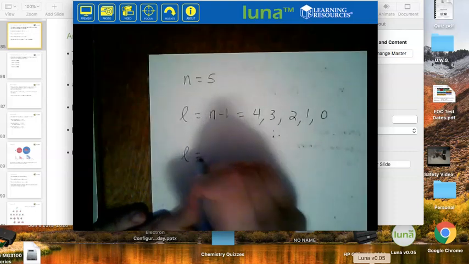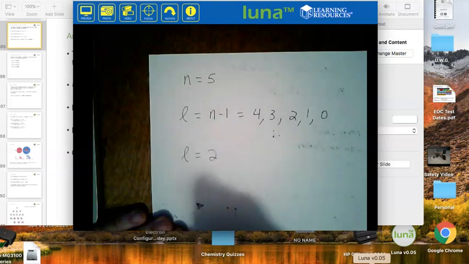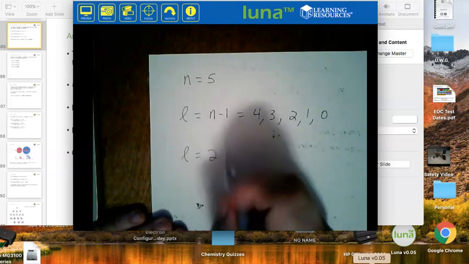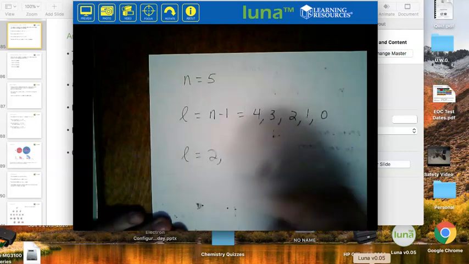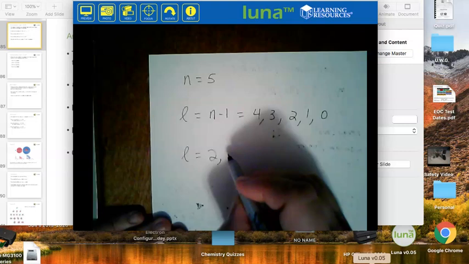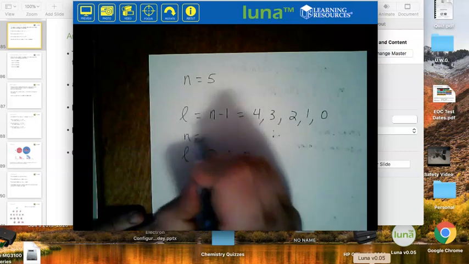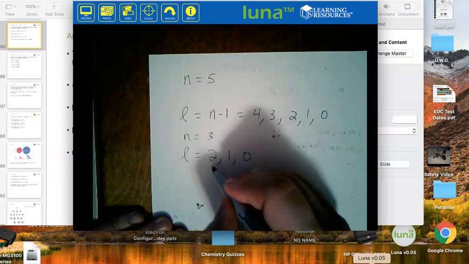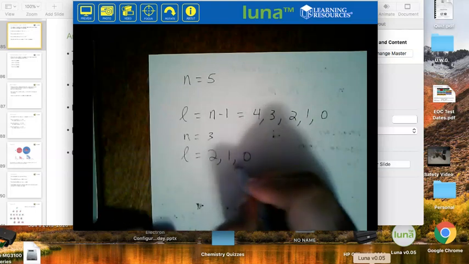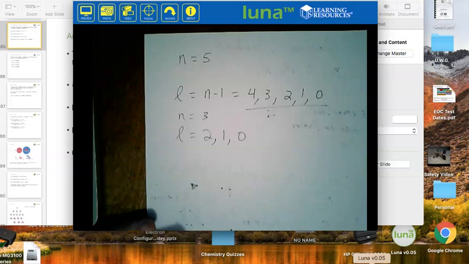If L is equal to 2, this can be 2, 1, and 0. That would be n equal to 3. L is equal to n minus 1, so 3 minus 1, which is 2, then 1, then 0. These numbers all mean something. They're not just numbers. All right. So L represents the subshells.